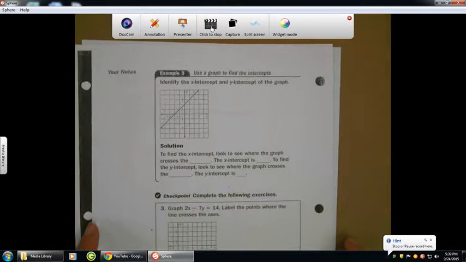Moving on to example 3. It says identify the x and y intercept of the graph. The first thing you're going to do, please write this down, is put your finger on the line.